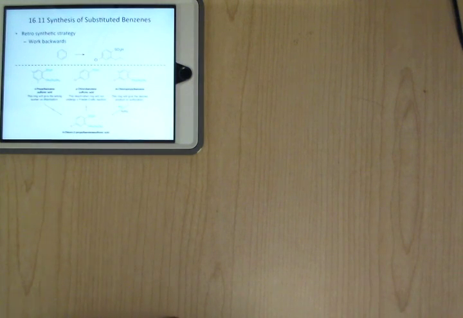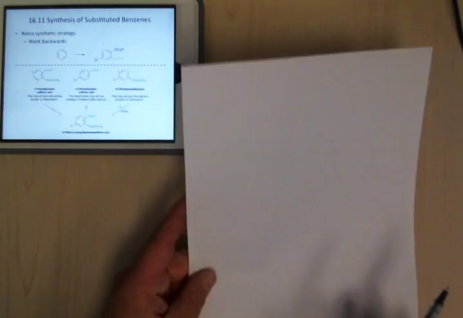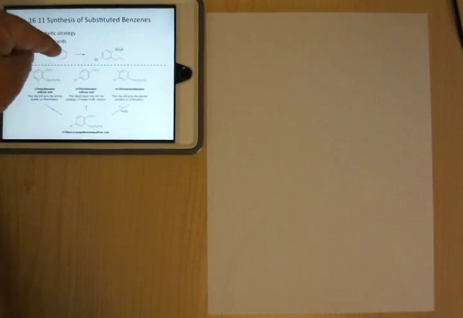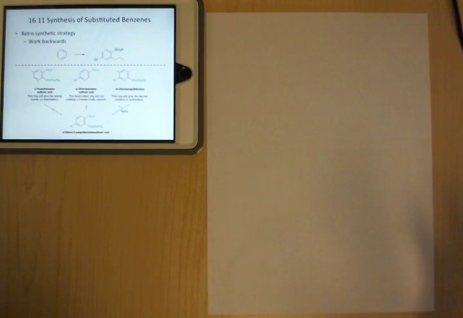Now here's the synthesis part. Sorry, one step ahead. This is where we're going to have to get into this strategy. Let's say we want to synthesize this compound from benzene. We're going to have to use what we learned in this chapter.